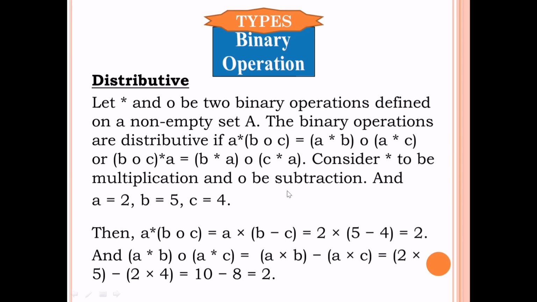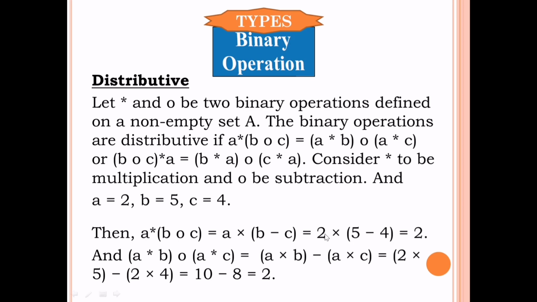Following this condition, we have a equals 2, b equals 5, c equals 4. So from binary operation becomes times, from ∘ becomes minus. We're going to try if the product and the difference are equal. If equal, then they are distributive.